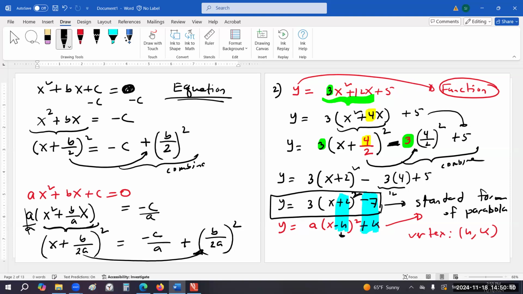This portion is telling us that negative h is 2, but we are not looking for negative h, we're looking for positive h. So what is h? -2. And this portion is telling us that our k is -7.